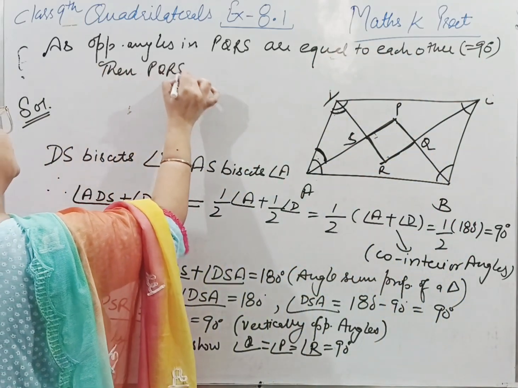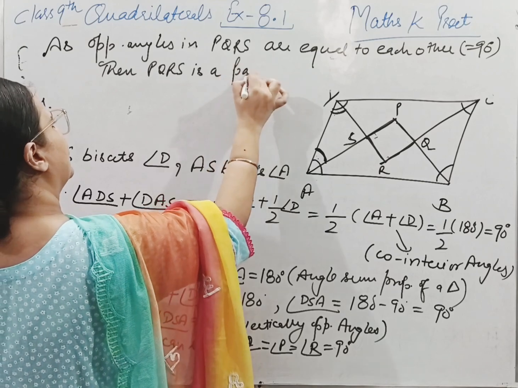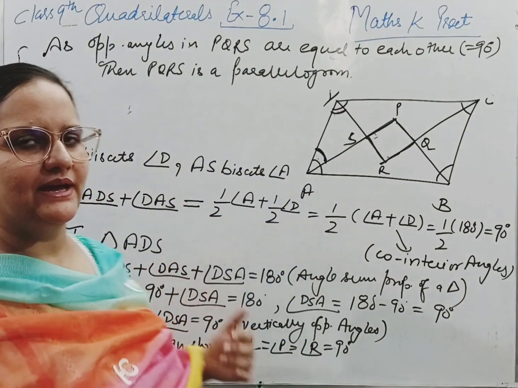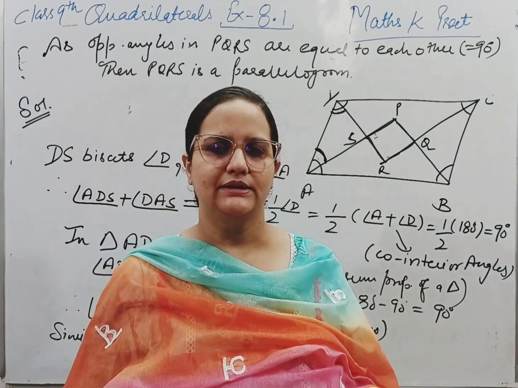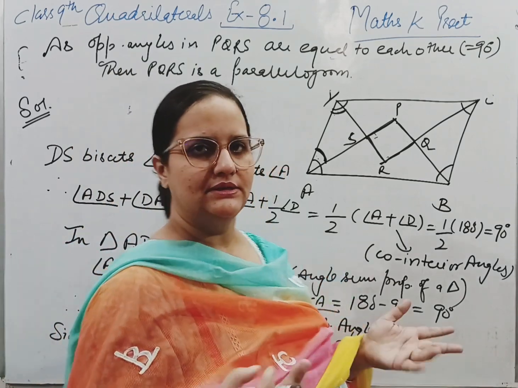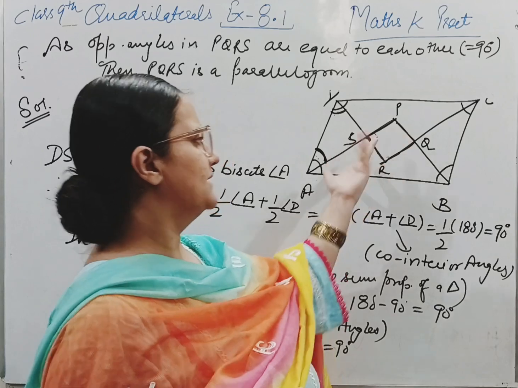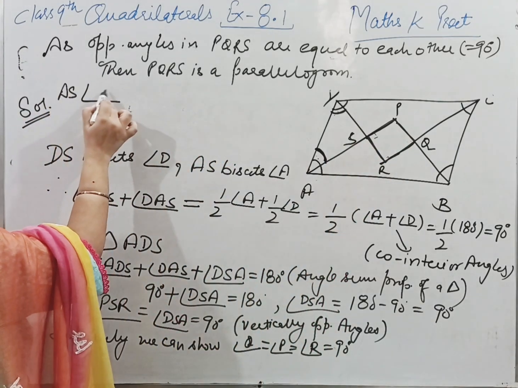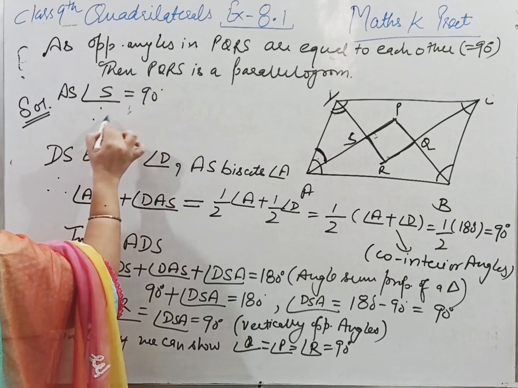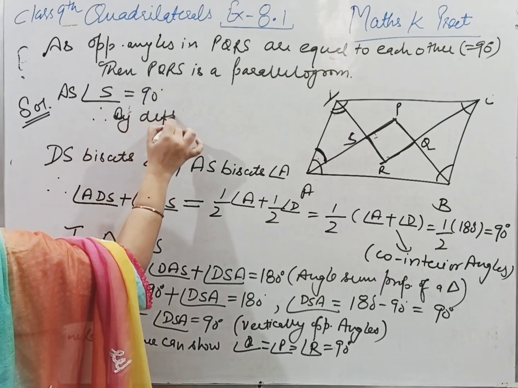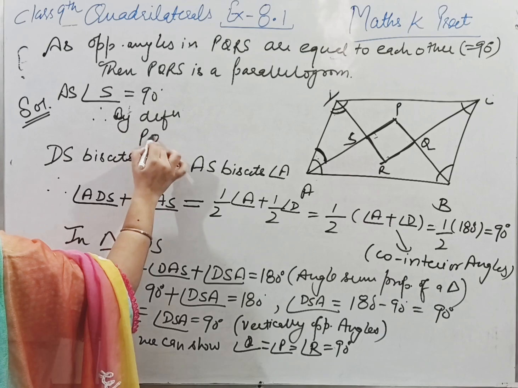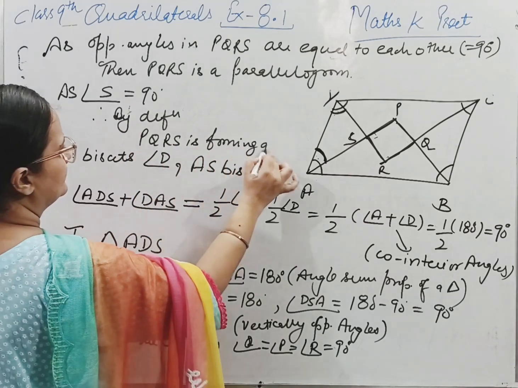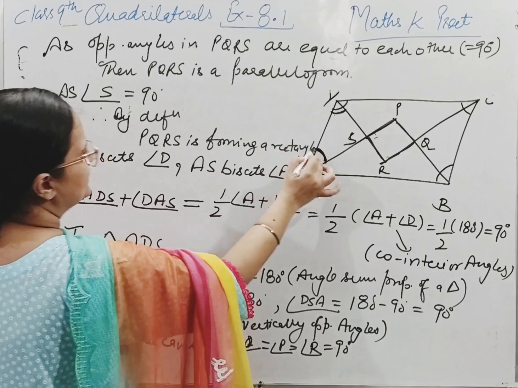Then quadrilateral PQRS is a parallelogram, proved. So if a parallelogram has an angle of 90 degrees at any vertex, then it is a rectangle. Clearly this has all the angles 90 degrees. We will write angle S is equal to 90 degrees, therefore by definition PQRS is forming a rectangle. That's it. So this was the proof.